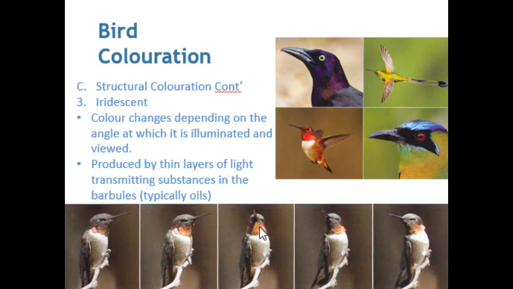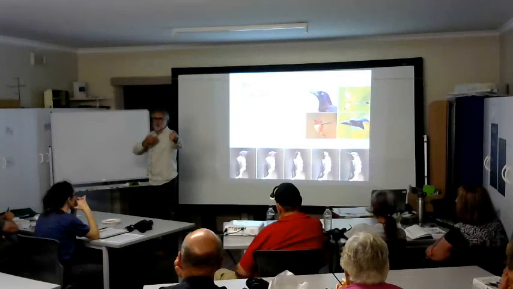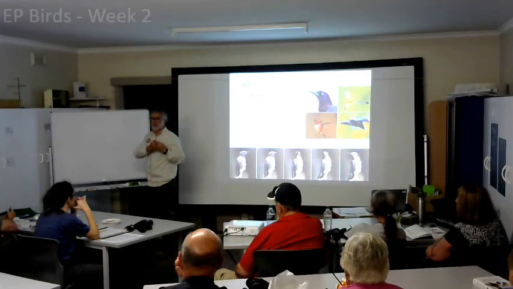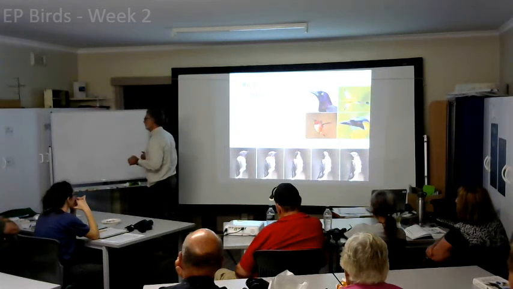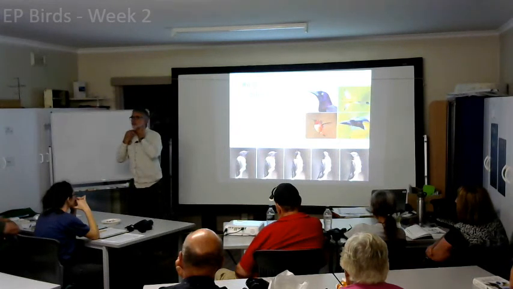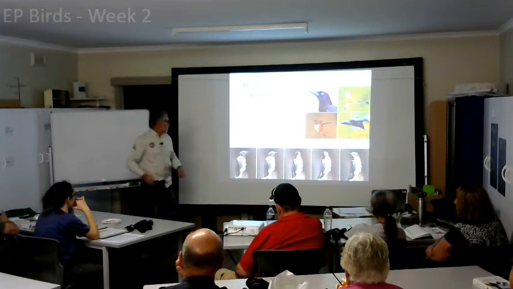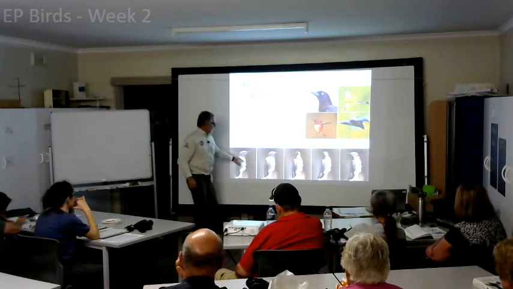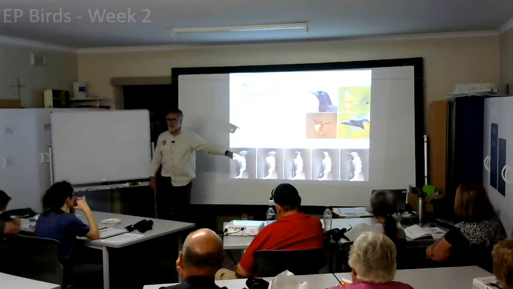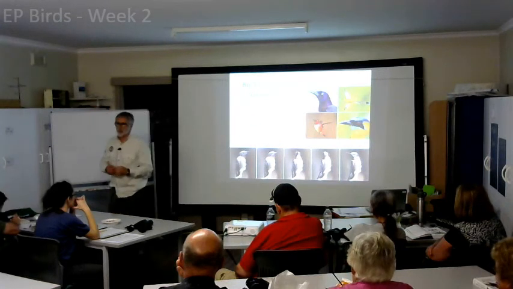As we go past that angle, the troughs of the waves are lining up with the peaks of the waves coming out, and the waves cancel each other out, and so we see black. So as the bird turns around, we're getting a change of how the light's interacting. Where it's adding together, we're getting brighter colours, and where it's cancelling each other out, we're getting black.